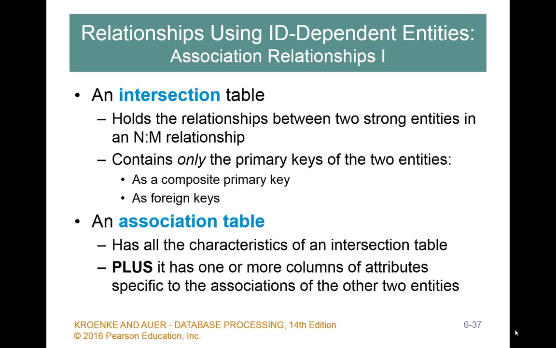Now, the second way we represent ID-dependent entities, remember we talked about what's called an association table. An association table has all of the characteristics of an intersection table, meaning we pulled down the primary keys of both tables from that many-to-many relationship, but we also have added another column of attributes specific to the association of the other two entities, as an additional attribute in that association table.